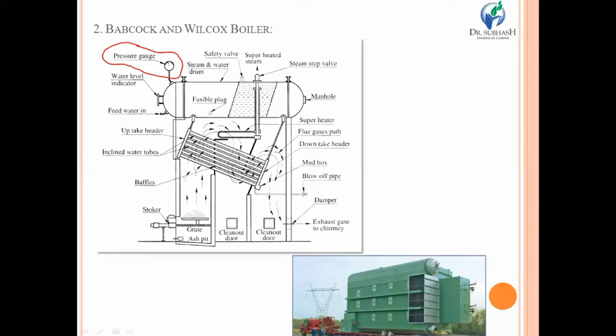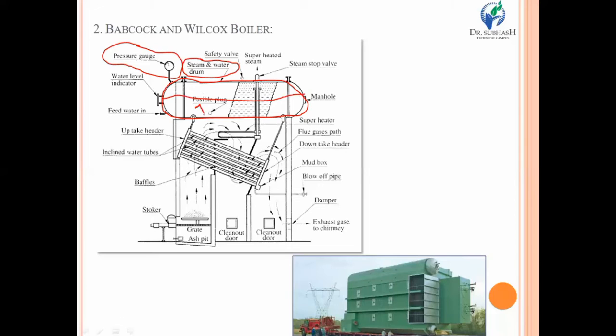Now, beside that pressure gauge, there is a steam and water drum. Basically, this is the boiler shell also. This entire steam and water drum is divided into two parts.